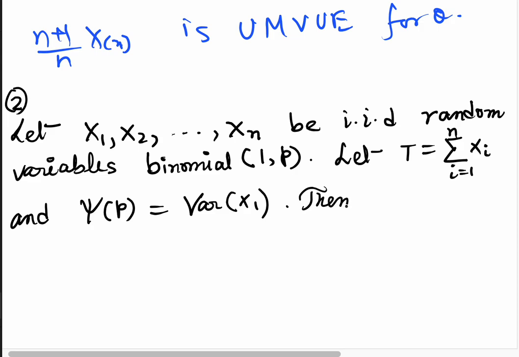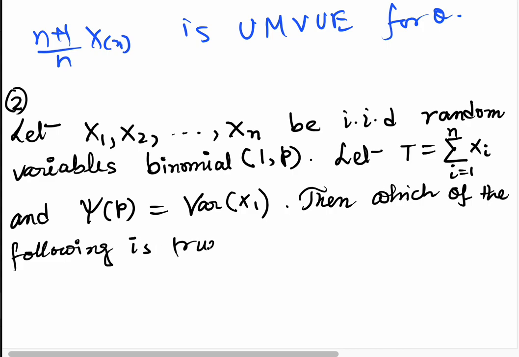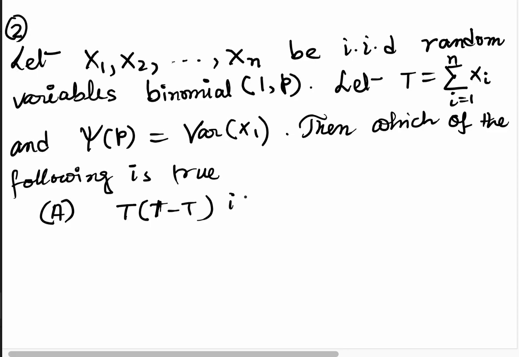Then which of the following is true, where A is T into (T minus 1) is UMVUE.